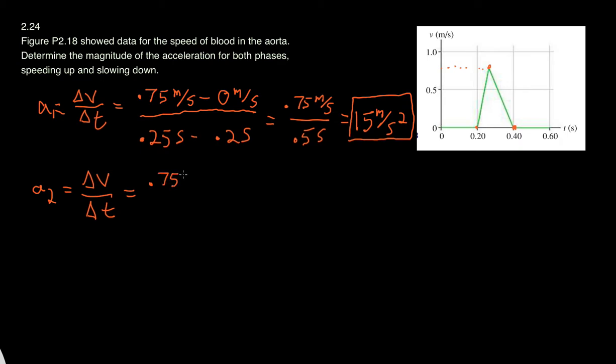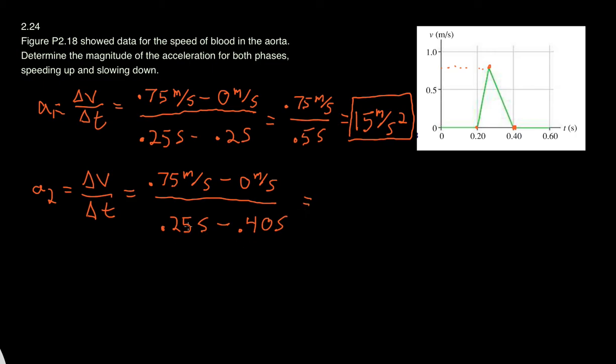We're just calculating the slope of the line again, minus 0 meters per second, because we're going from here to here. And then over the time for this section, so this is 0.25 seconds minus 0.40 seconds, because we're going from here to here.